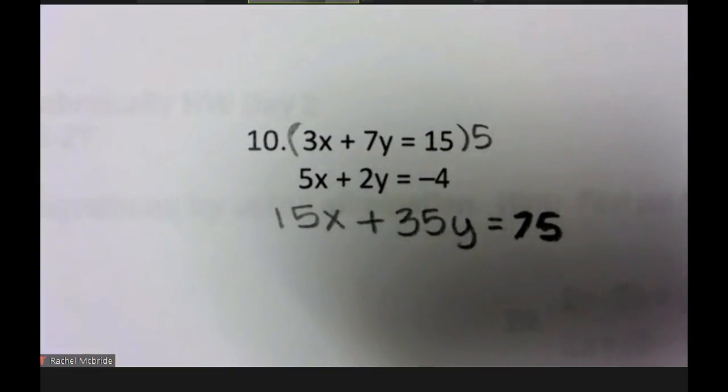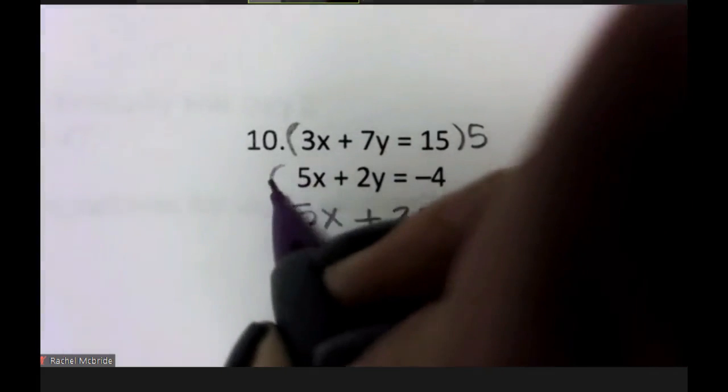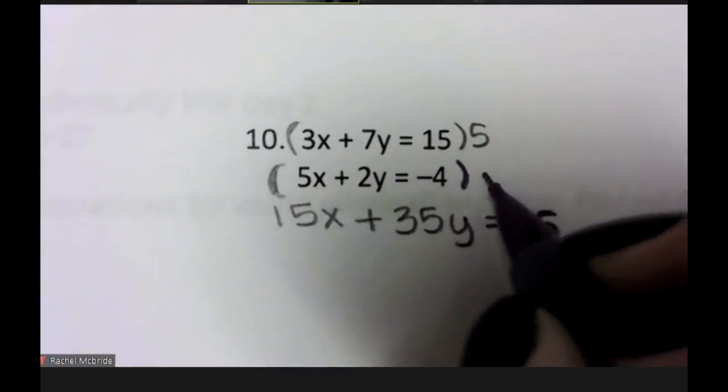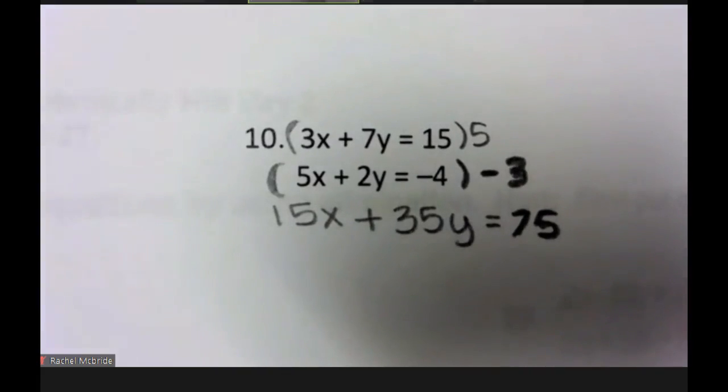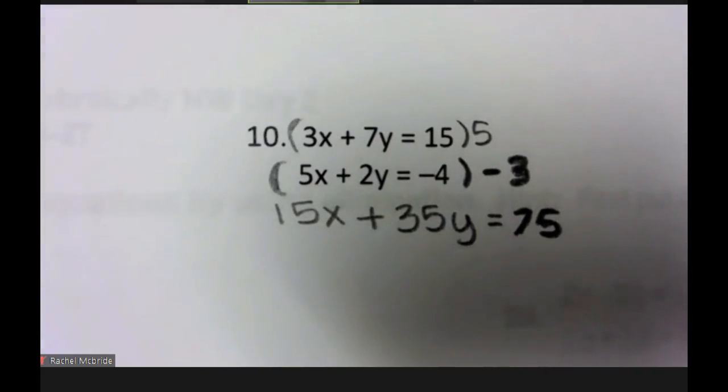Multiply the top equation by 5. And then I'm going to multiply the bottom equation, and since I want the x's to eliminate, I need them to be opposite terms, so I'm going to multiply by -3.